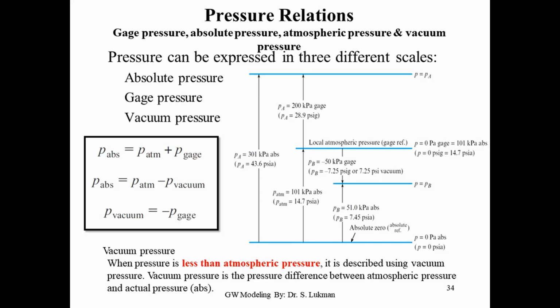From here, this is the piezometric head. And the hydraulic grade line is also the piezometric head, because you can connect the lines and it gives the hydraulic grade line.